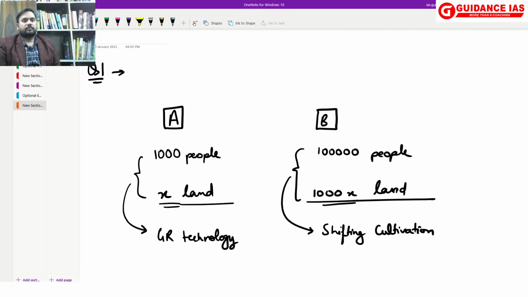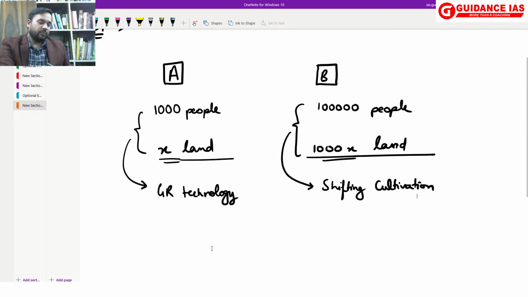Now tell me, in which case do you think that the population-resource ratio is better? Okay. So again, technology is another factor which would determine the relationship between population and resources. Now I add one more factor here.